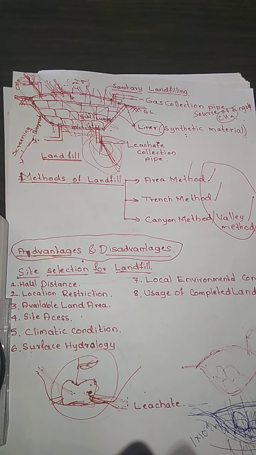In detail, the collection of leachate and the collection of the gases has been explained to you in the previous classes. So if you want detail regarding the sanitary landfill, your gas and your leachate collection, you can refer to my previous videos that have already been uploaded.